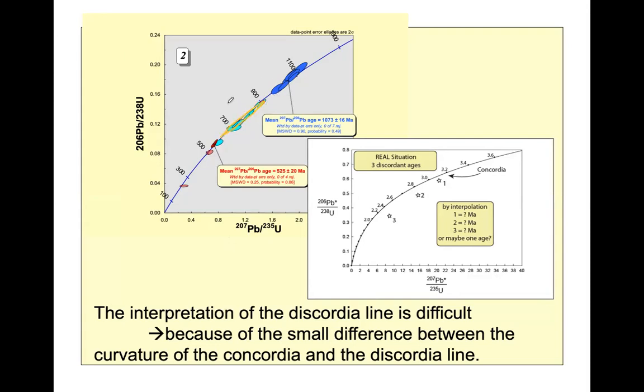But the program can enlarge it and give you a clear discordia line like this, right? So you have two clear edges as the upper intercept and lower intercept, right? The program can do that. So that's why we have to use some software to deal with this uranium lead data.